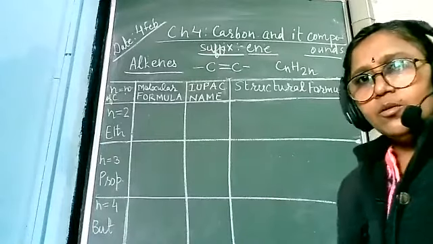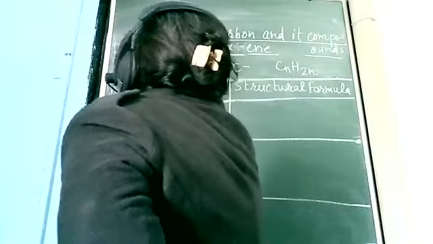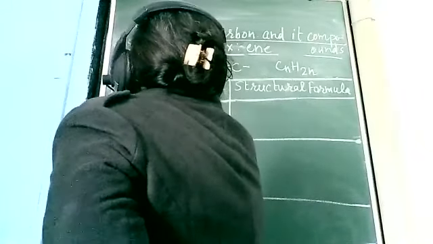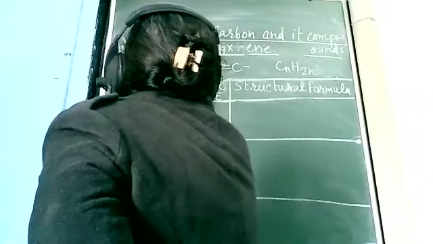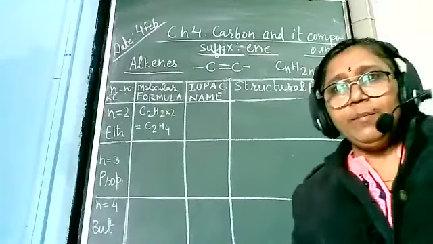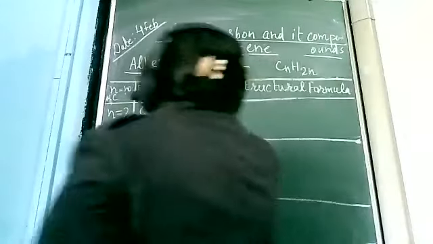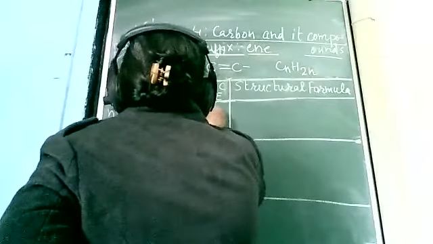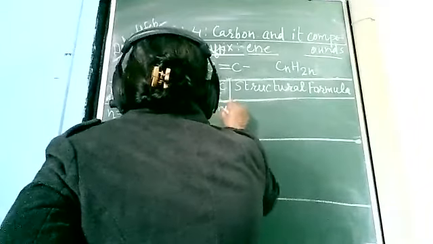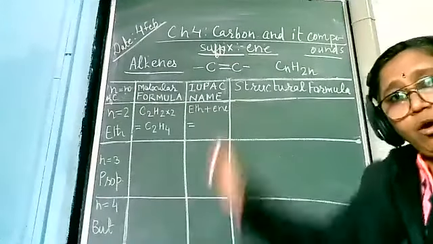Right? So, Himanshi, beta, what will be the formula for n is equal to 2? C2, H2 into 2, C2H4. So the formula will be C2H4. Very good. What will be the name for it, Vinayak? Prefix is eth. And what is the suffix? Common for all? Ene.